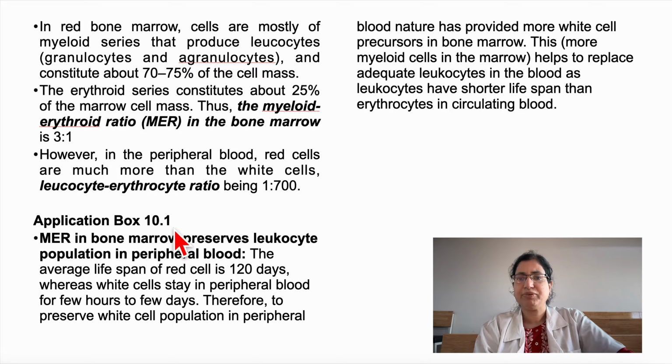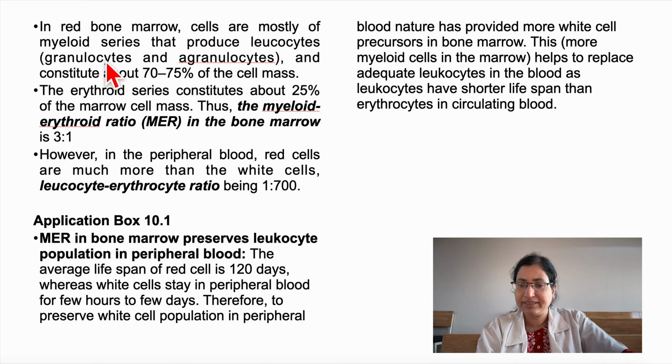So here one important point I have to discuss with you. In red bone marrow, cells are mostly of myeloid series that produces leukocytes, that is WBCs, white blood cells, granulocytes and agranulocytes. What are the granulocytes?